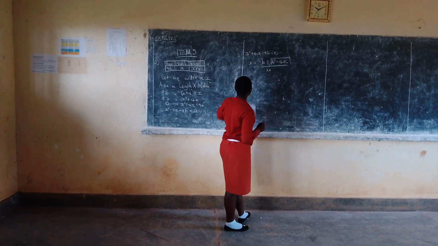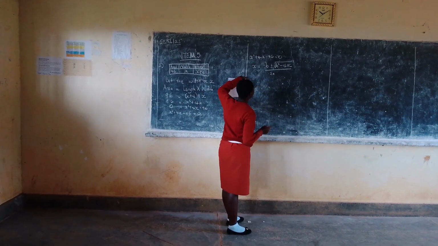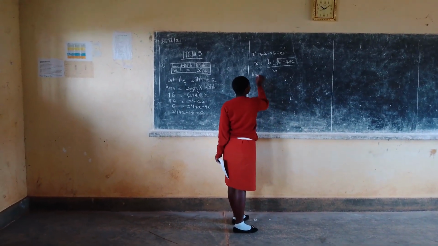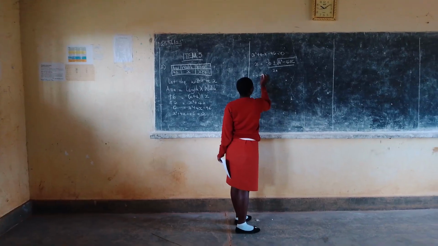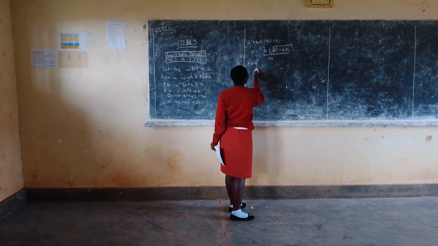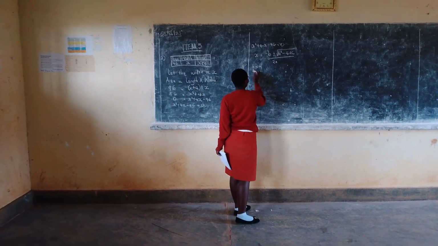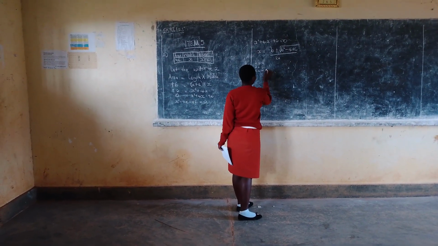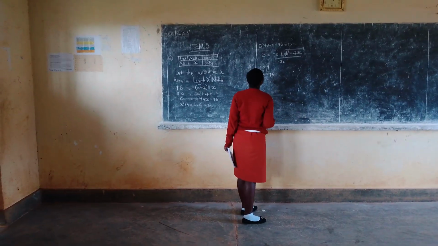So from here we are going to first sort out our values. We are going to say our b equals 4, a equals 1, and c equals negative 96.